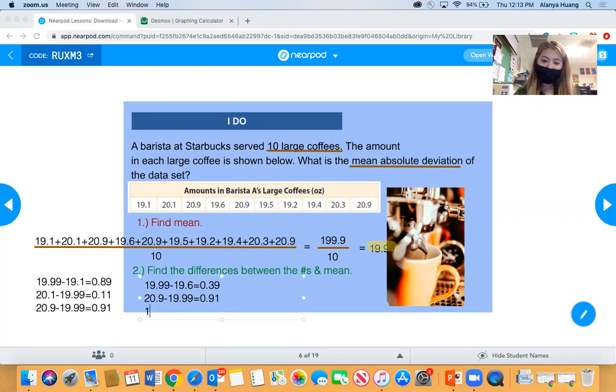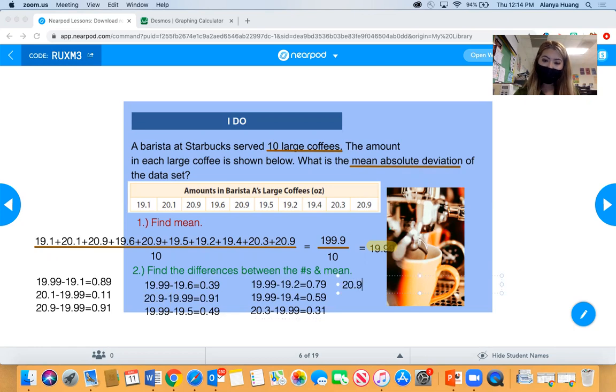Subsequently, we have 19.99 minus 19.5, and that is going to be 0.49. Then it's 19.99 minus 19.2, which is 0.79. 19.99 minus 19.4, and that is 0.59. 20.3 minus 19.99, and that is 0.31.